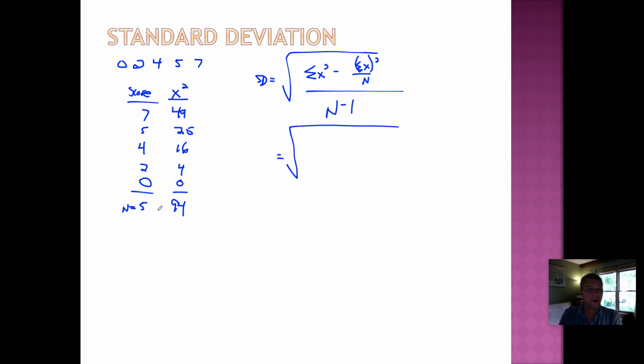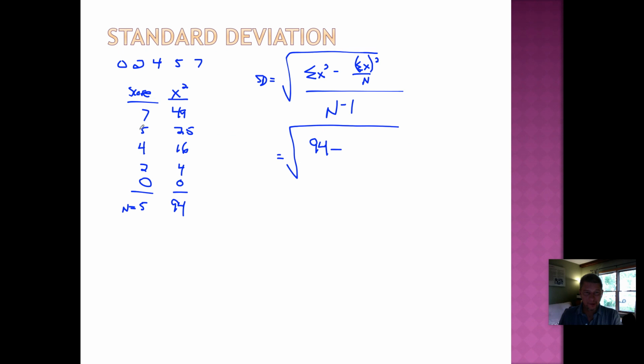So the sum of x squared is 94. The sum of x is 7 plus 5 is 12, plus 4 is 16, plus 2 is 18. And so 18 squared over n, which is 5, all divided by 4.